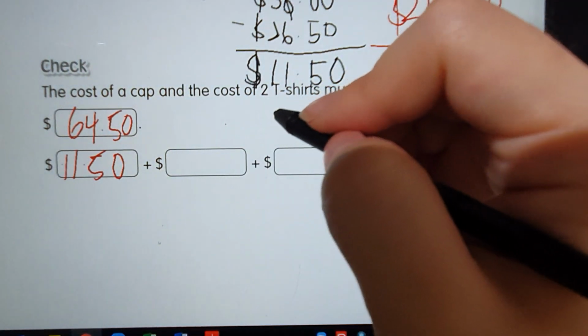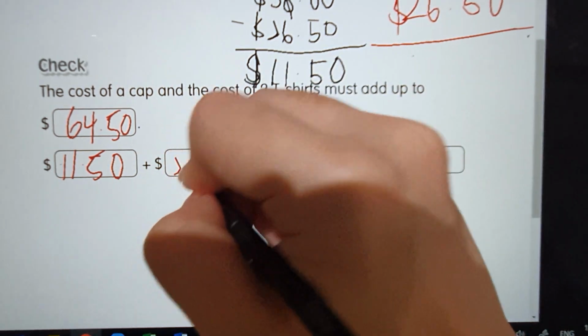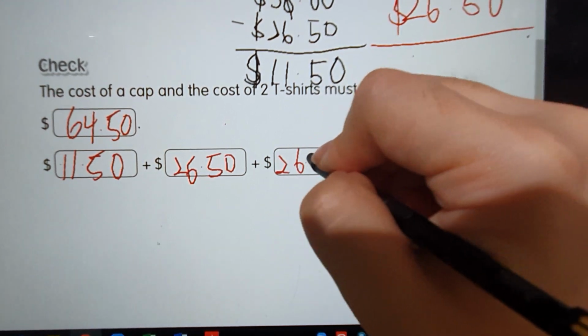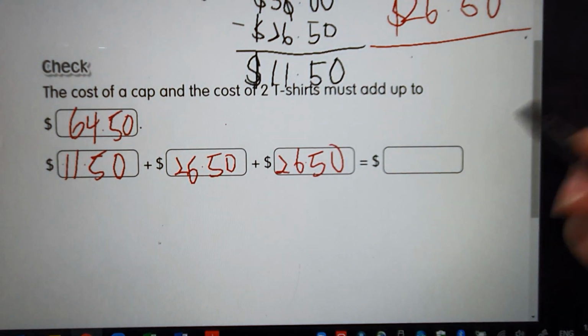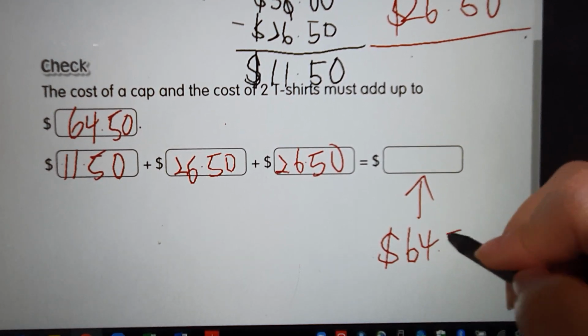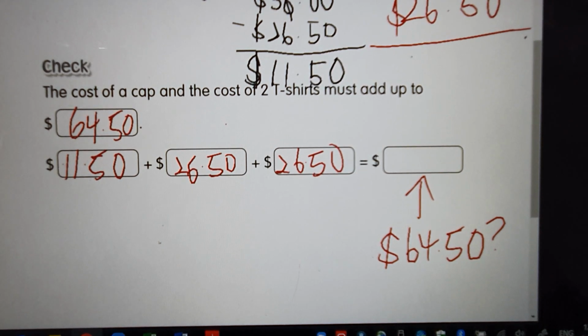Price of a t-shirt is $26.50. So this is one t-shirt, and this is your second t-shirt. Okay, so please add up to see whether you get $64.50. If you do, meaning you have found the correct answer for your cap.